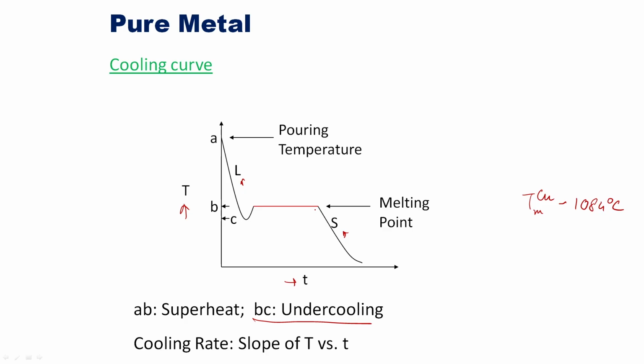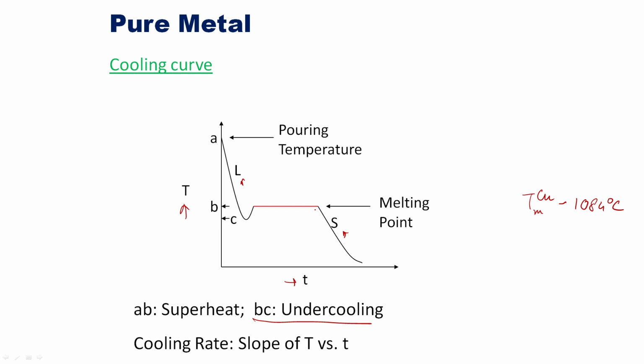Once it is formed, they will keep growing, and that is what is shown in the red region, where the temperature remains constant. That is what is called solidification, or the growth of these nuclei in the material. And after everything is over, the temperature will go down further. So, this is a very simple looking cooling curve.